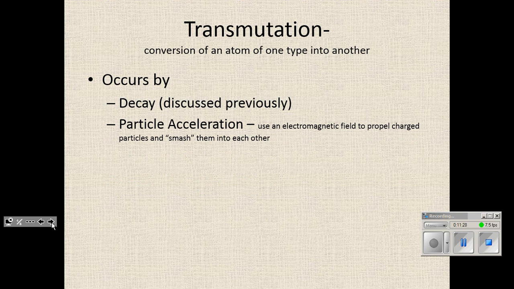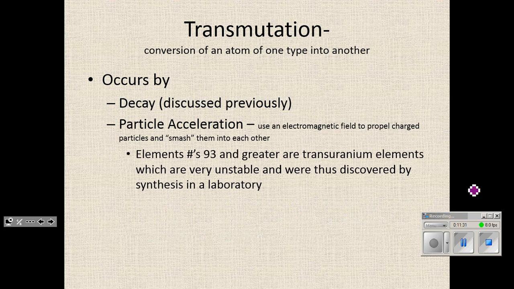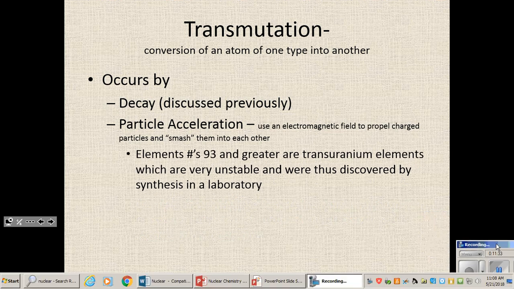That's called particle acceleration. Any element greater than element number 93, those transuranium elements, are man-made elements. We have smashed something into that nucleus to make a bigger, pretty unstable nucleus, and they are man-made elements.